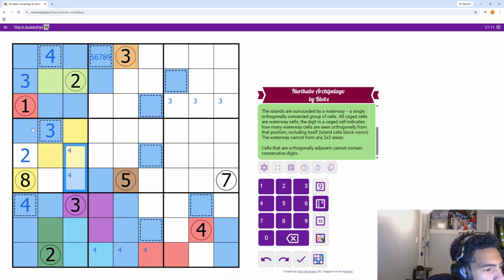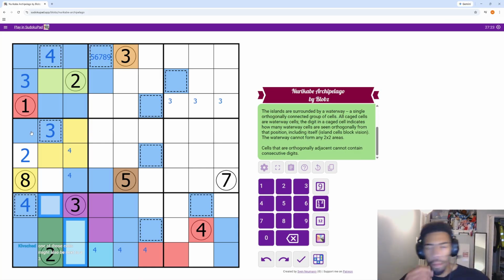Let's see. The 1 is still good anywhere there. Still good anywhere there. One of those cells might also be next to a 3. What do you mean?